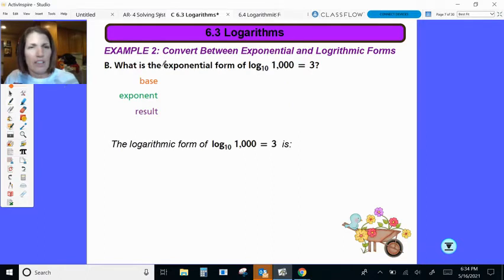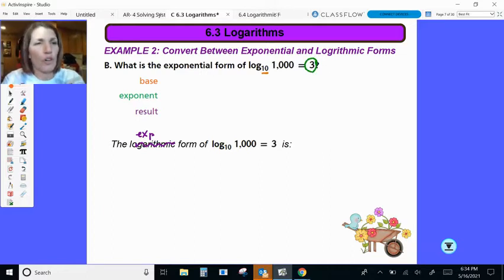All right, so what is the exponential form of log base 10 of 1000 equals 3? In this case, we're going to write the exponential form. I'm sorry, this should say exponential form down here. That kind of confused me for a second, I didn't change that. This time my base here is my log base 10. My exponent, remember, my logarithm is always equal to my exponent, so that's my exponent.